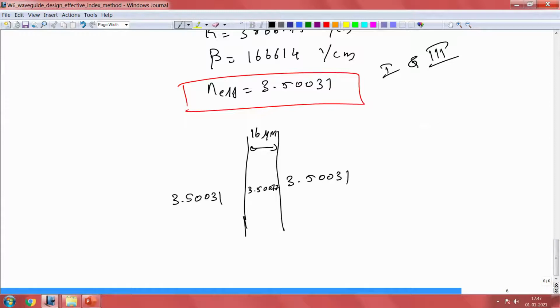So now we have converted whatever we had into a very simple thin film configuration. This is your effective index approximation.